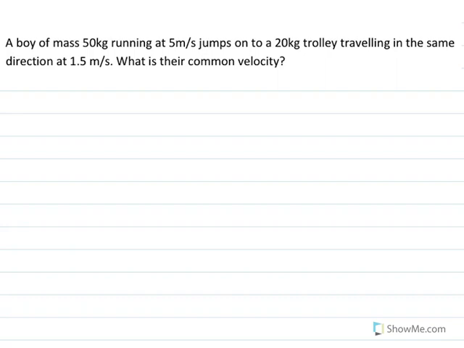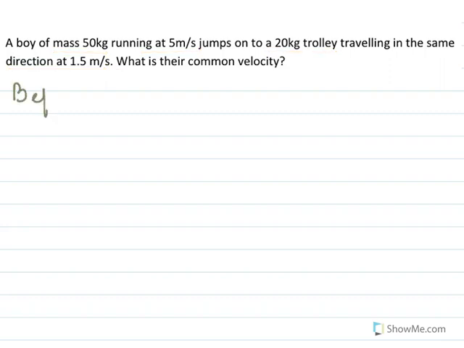A boy of mass 50 kgs running at a speed of 5 meter per second jumps on a 20 kg trolley traveling in the same direction at 1.5 meters per second. What is the common velocity?